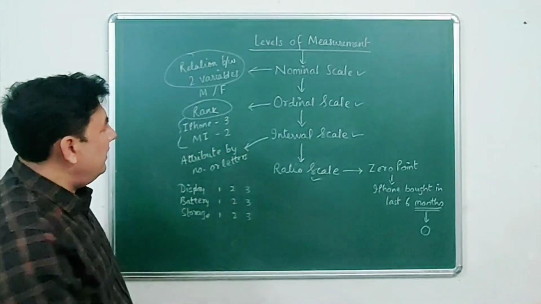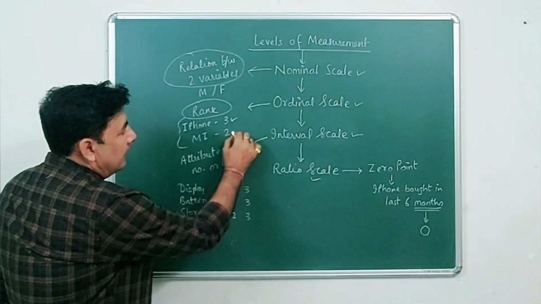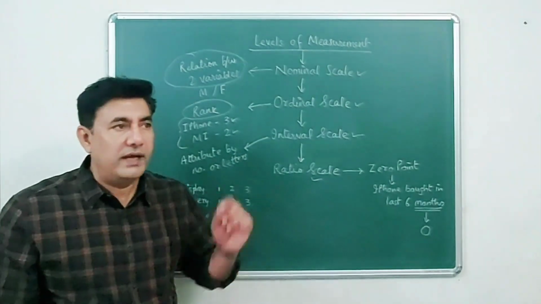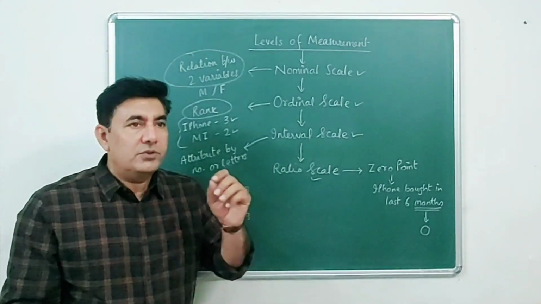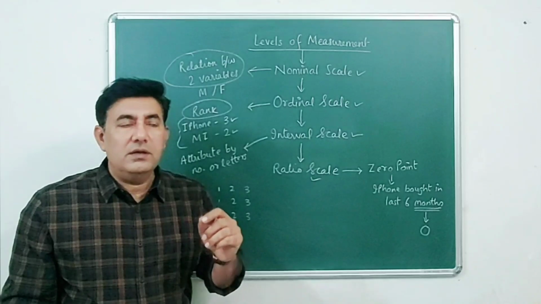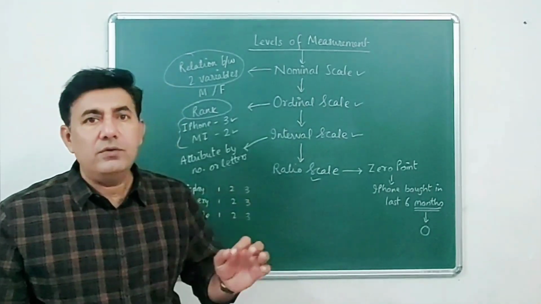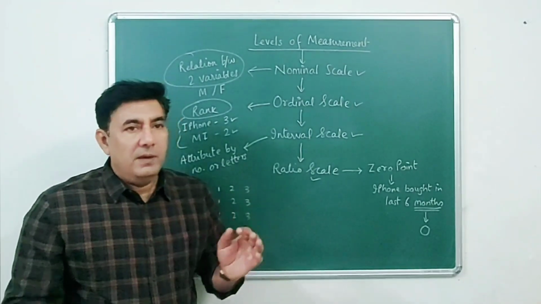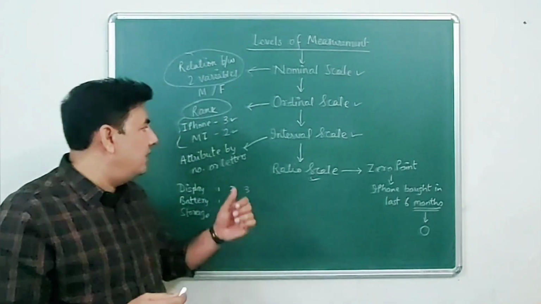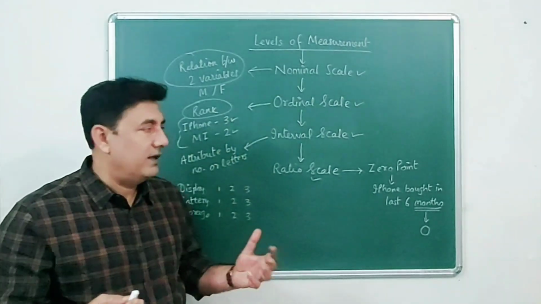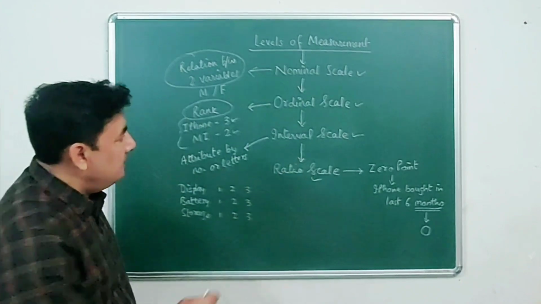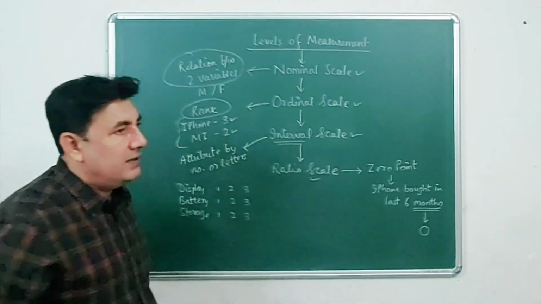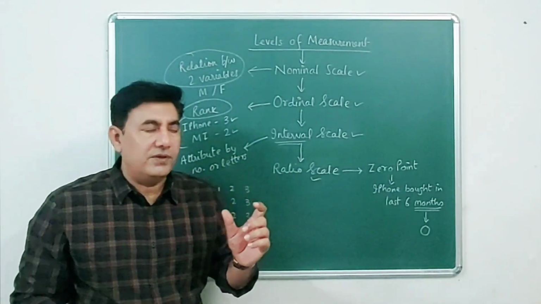So now these ranks are added, like 3 stars or 2 stars. So the customers or the observers are required to give their opinion, whether to give 3 stars or 2 stars, like that. In interval scale, as the name implies, interval, that means it measures a time difference.